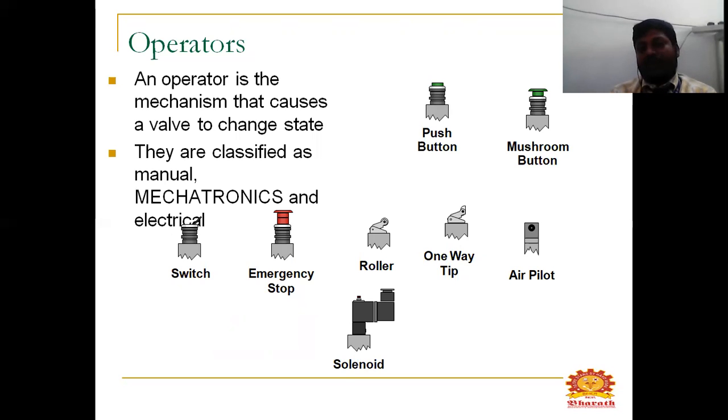You will be changing the valve using a push button, mushroom push buttons, whereas you can see a sort of on off switch like this, and switches, and emergency stop, and roller operated, and one way trip, and this is an air pilot, and this is a solenoid. This is all controlling your directional controls.